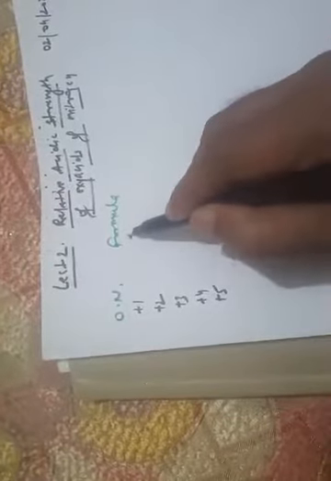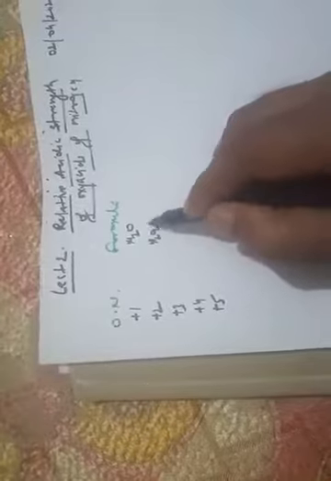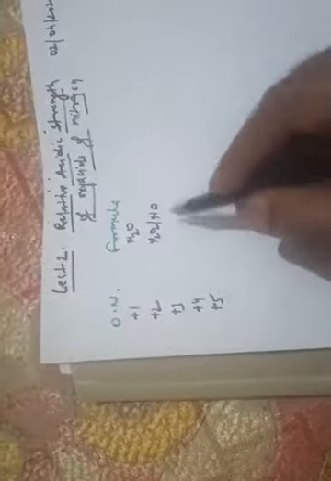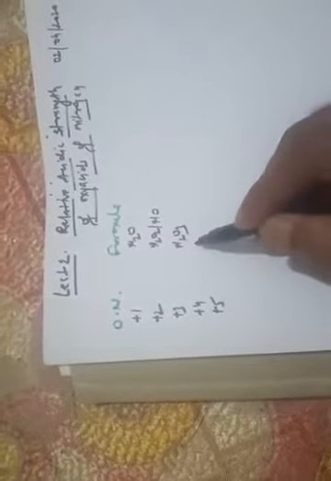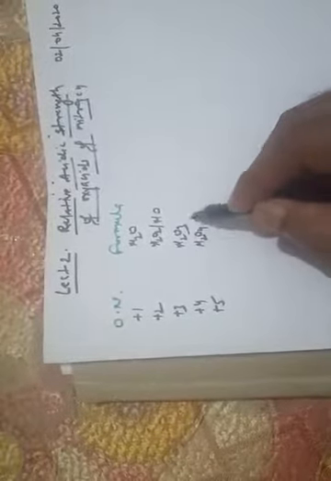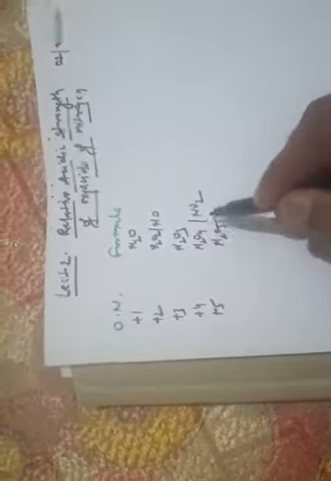This was N2O, this was N2O2 or NO, the dimer of NO, this is N2O3, N2O4, the dimer of NO2, and N2O5. This we had already studied.